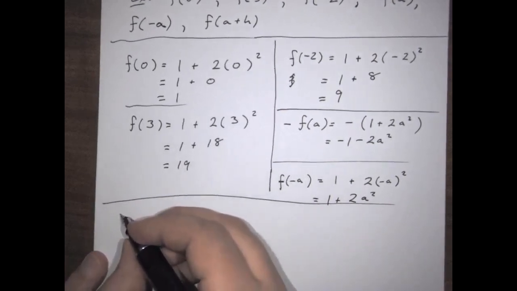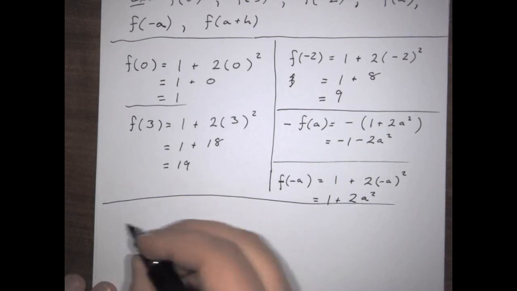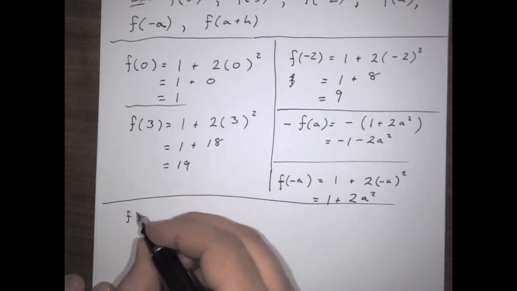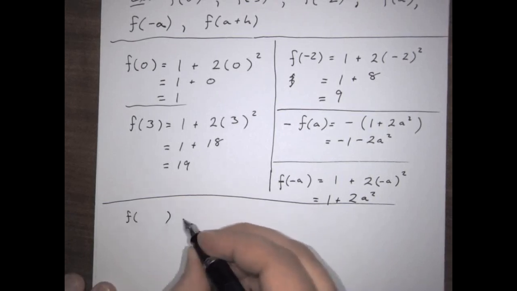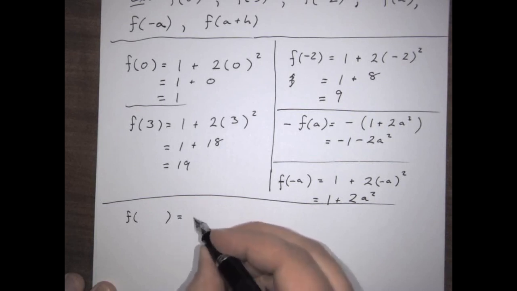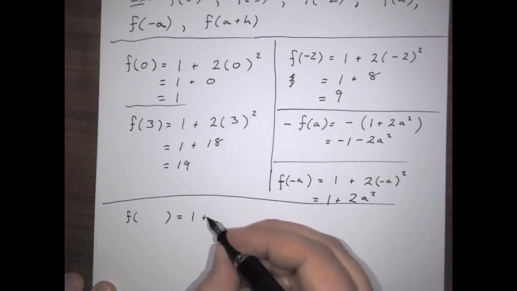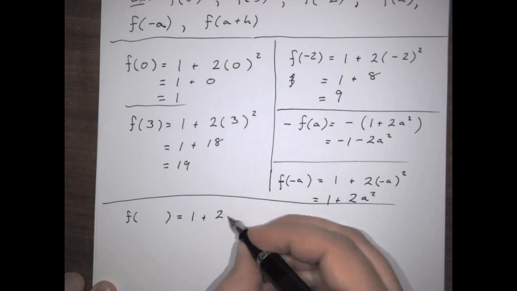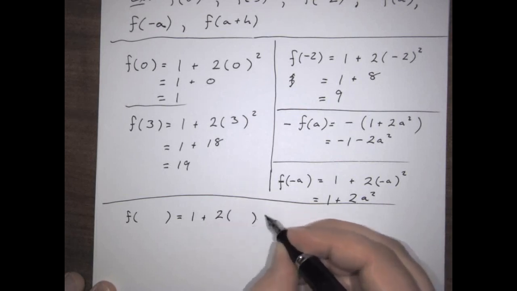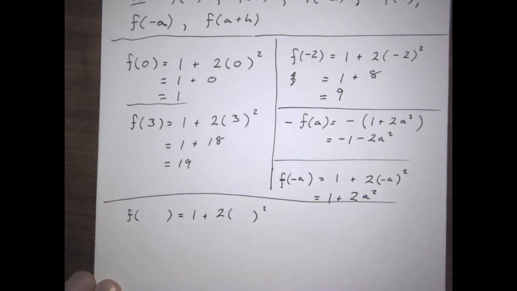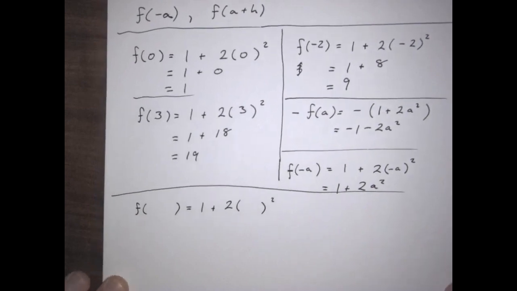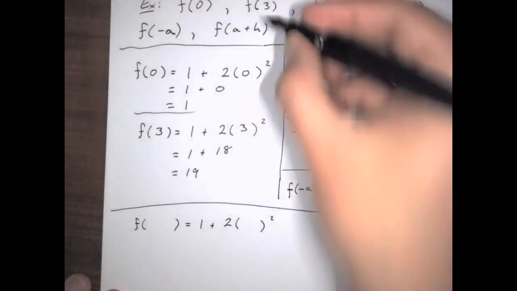Now, the most complicated of the variations on this is when we take a more complex algebraic expression and we put that in place of x. So everywhere there used to be an x now is going to be an a plus h.